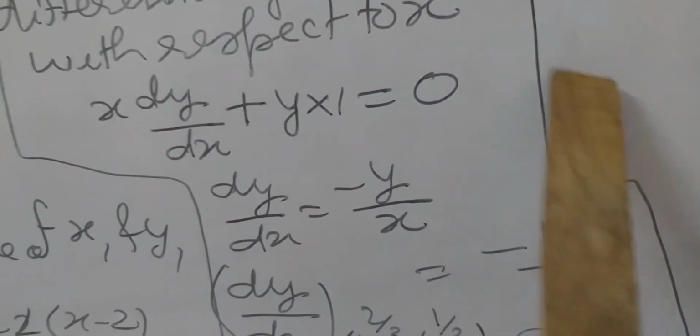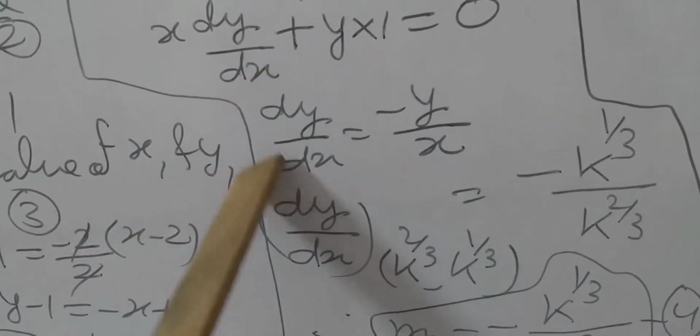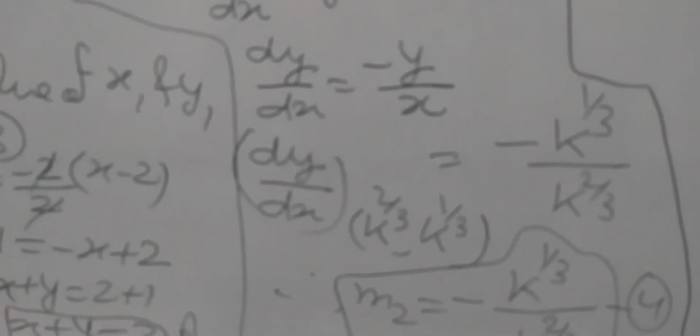So student, dy by dx equals minus y upon x. So this is the derivative of equation number 2. Okay, student. Now student, we have to find the derivative of equation number 2 at the point k to the power 2 by 3 and k to the power 1 by 3.